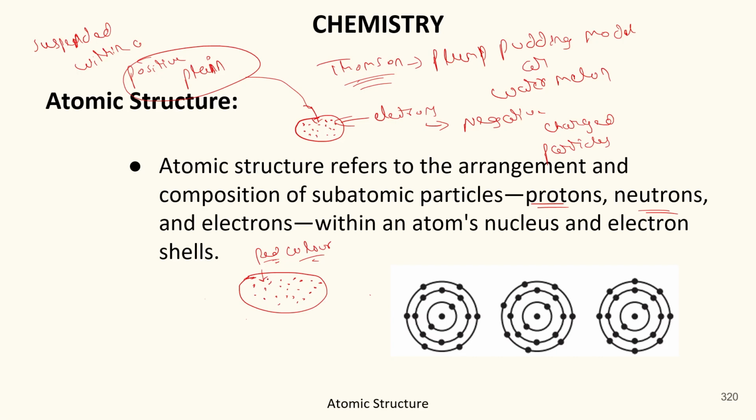So if you compare the watermelon to this atomic structure, the suspended particles and the seeds are equivalent, and the open area with the positive plane and this red color part of the watermelon are the same. Okay, so that's why it is called the plum pudding model.